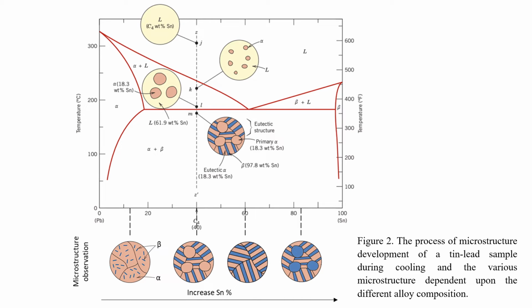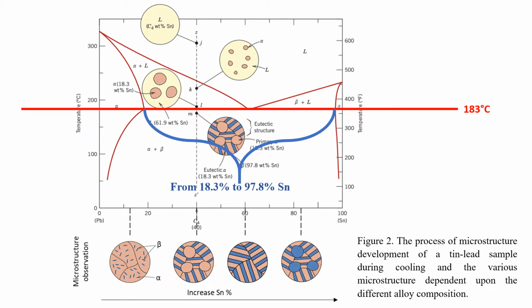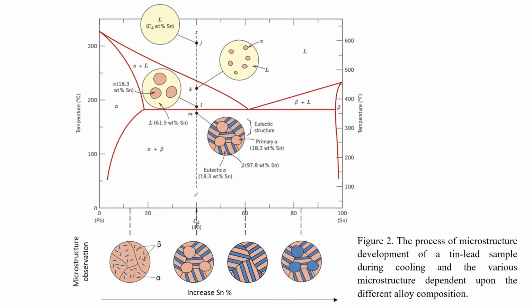An alloy with a composition ranging from 18.3 to 97.8% Sn will form a pro-eutectic microstructure when the temperature is below 183 Celsius, which contains a distinguishable single-phase region mixed with a mixture-phases region.